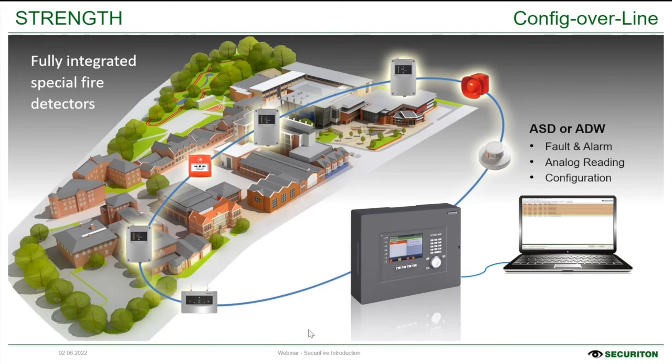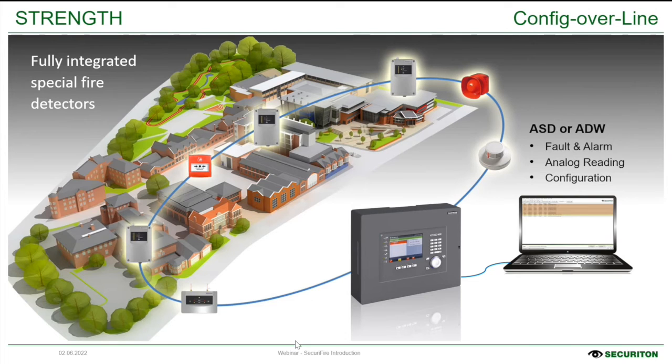So config overline is another possibility with our SecuriFire panel, which means now a full integration of special fire detectors within a SecuriFire concept. What we see here is actually a 500 version with a loop on it, with detectors, sirens, manual call points, and so on, included now with ASDs or even ADWs, special fire detectors.